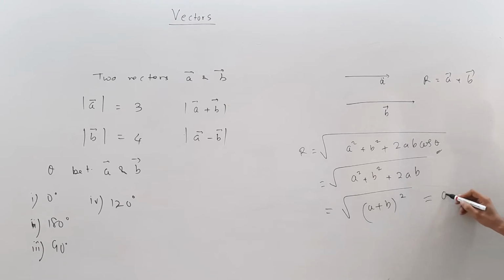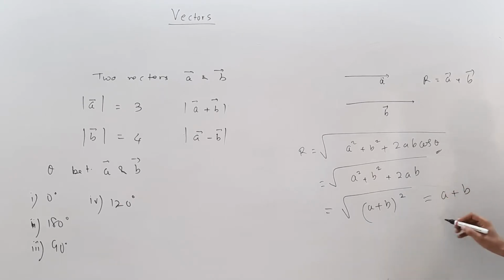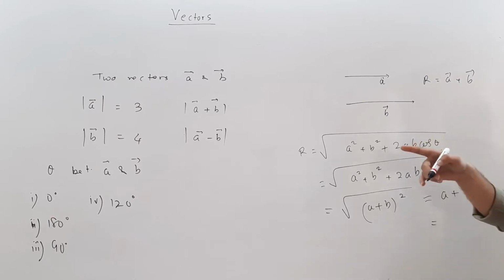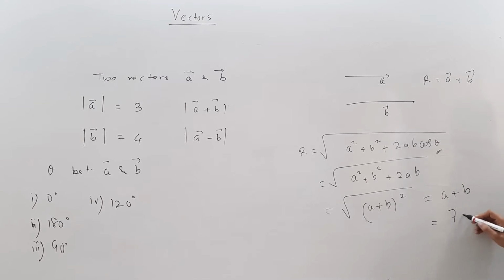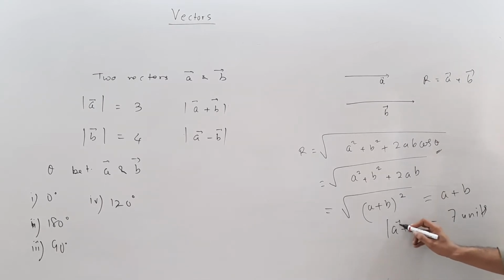And then we get A plus B. So A plus B is nothing but 4 plus 3, that is 7 units. This is going to be the magnitude of A bar plus B bar.